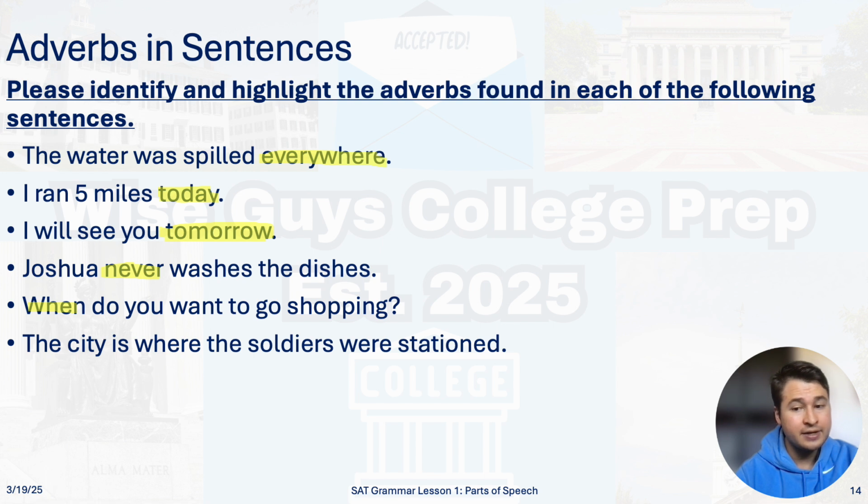So in this case, you see that it is a question and it is asking when do you want to go shopping? So here we select when. Now, the city is where the soldiers were stationed, okay? Here the adverb is where. It indicates where exactly the soldiers were stationed, so we select where. I hope you wrote down the words that I highlighted. You're in pretty good shape if you did. And now we move on to the next part of speech.